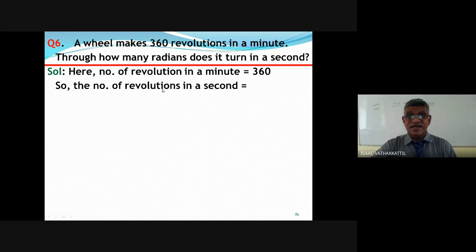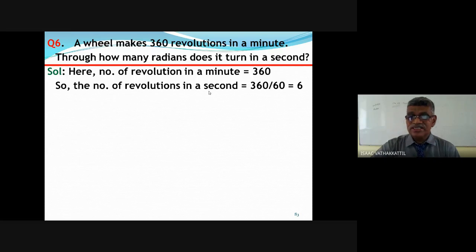Here minute and second are time. Remember, the same word in English may be used with various meanings, and depending on the context you have to understand what it means. In 1 minute it rotates 360 times.